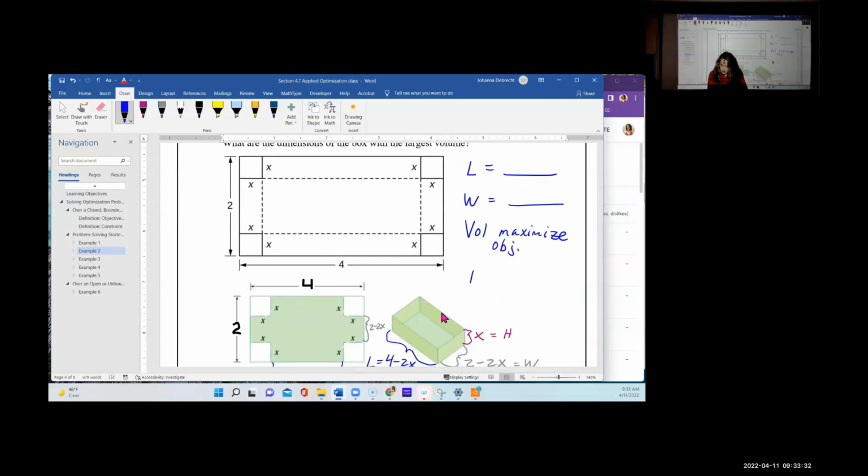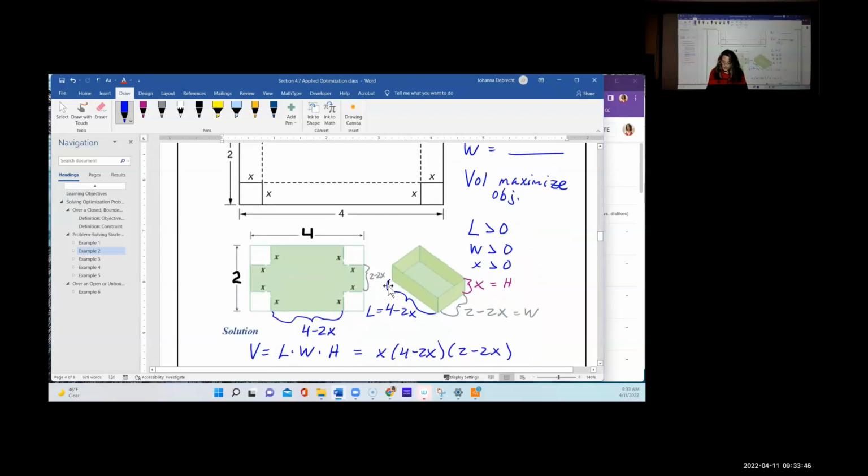Our constraints are L is greater than 0, W is greater than 0, and X is greater than 0. X actually has some more constraints on it. If I cut a side of X off of this short side right here, I can't cut too much or this side won't exist, right? So if I cut 1 meter from each corner, I've cut the whole thing off. So X has to be smaller than 1 meter.